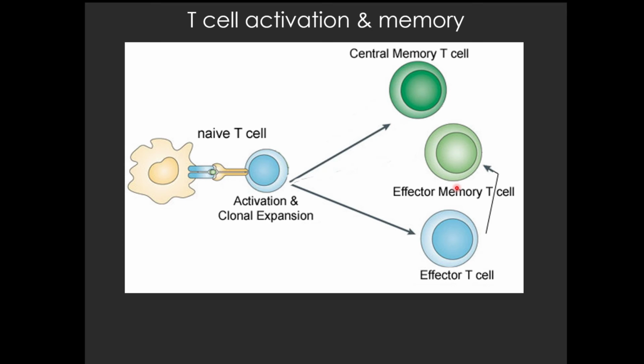You're protected from that pathogen both by the humoral branch of the immune system via antibodies, and you'll also have constant new protection out in the tissue space from the cell-mediated branch by these effector memory cells, because those effector memory cells will stay out in the circulation for the rest of your life.